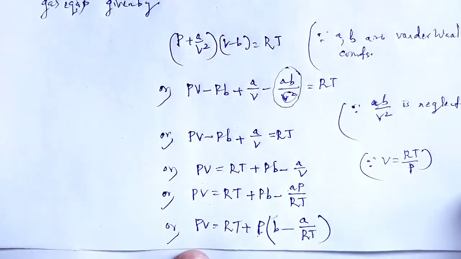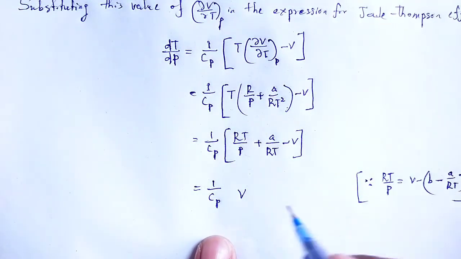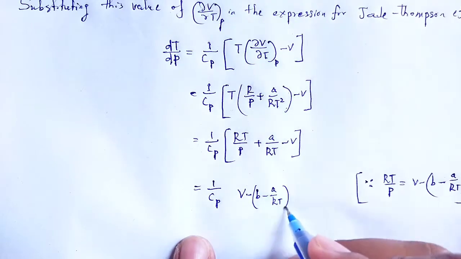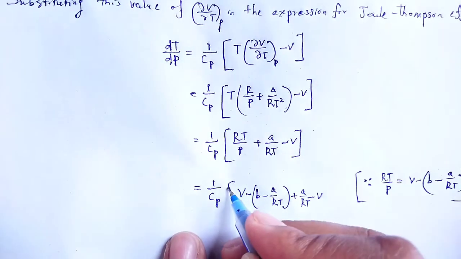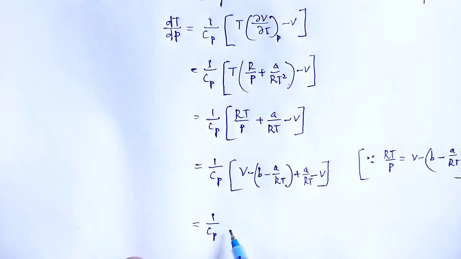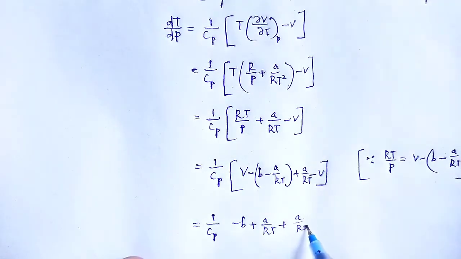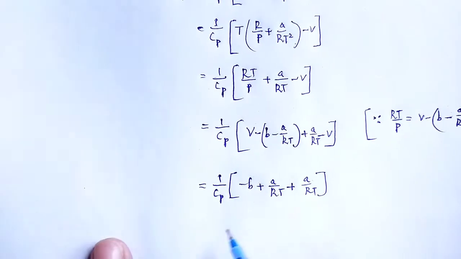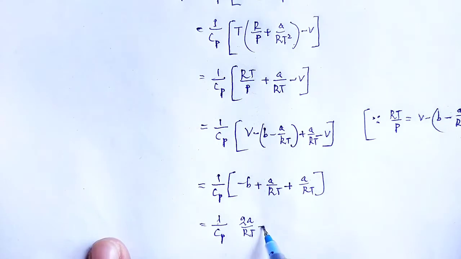Here we put that value in place of RT by P, that is V minus B minus A by RT plus A by RT minus B is equal to 1 by Cp, minus B plus A by RT plus A by RT, right, 2A by RT, that is 1 by Cp, 2A by RT minus B.